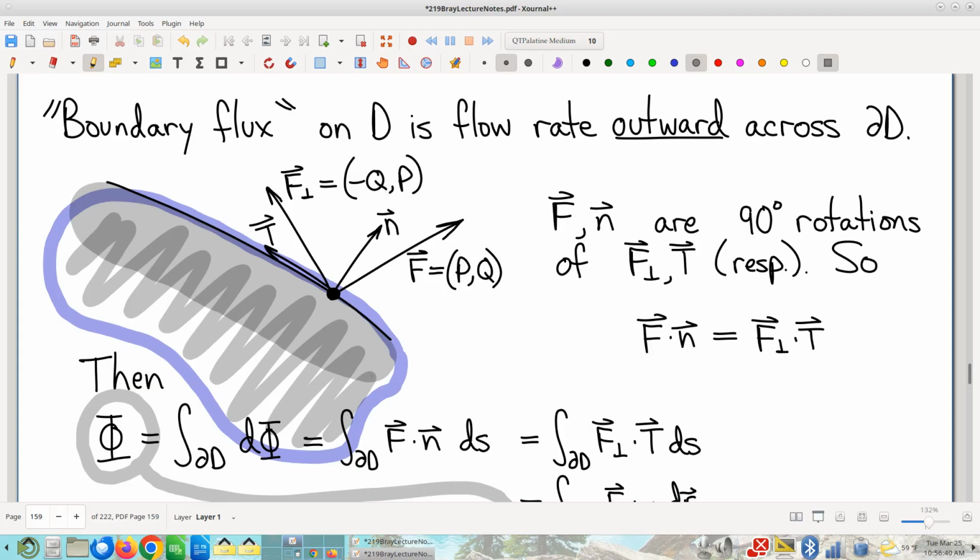And now, of course, we do have to specify a direction. The way we specify the direction is what we call a normal vector. This is an orientation unit normal vector, and it's the convention. Whenever you say boundary, there are conventions.